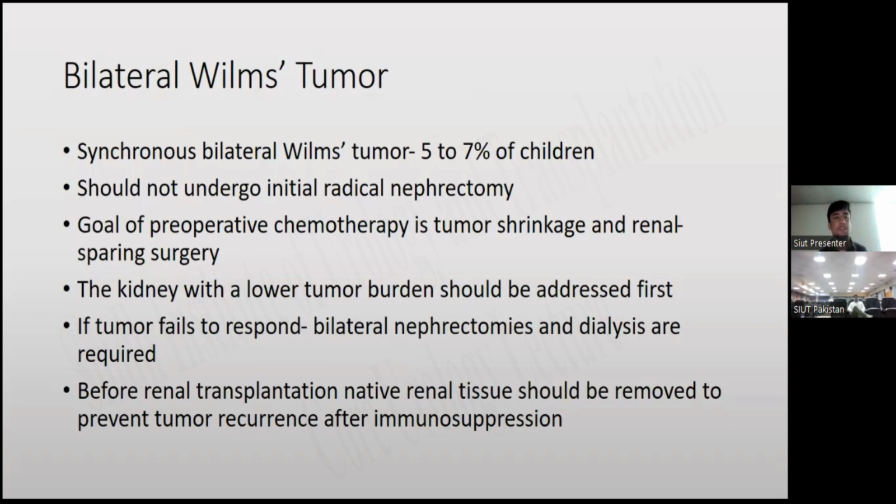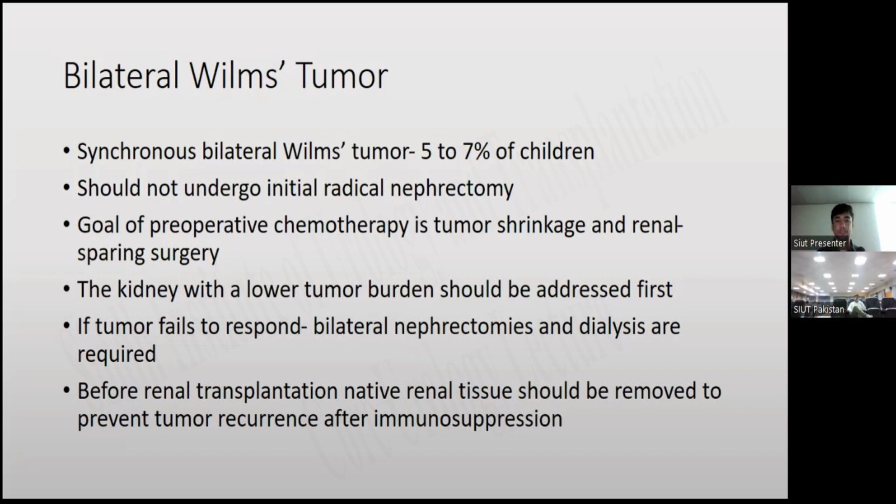Bilateral Wilms tumor is challenging because we also need to obtain clear surgical margins. Synchronous bilateral tumors occur in 5% of children, and they should not undergo initial radical nephrectomy.